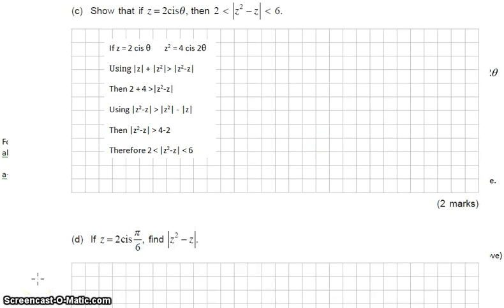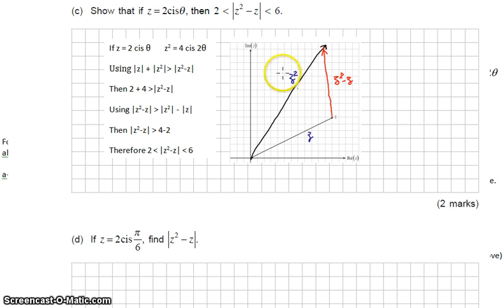We look at part C of the question. You are given z equals 2 cis theta. The modulus is 2. Then show this is true. Now to do that, we need to refer back again to the Argand diagram. Right.